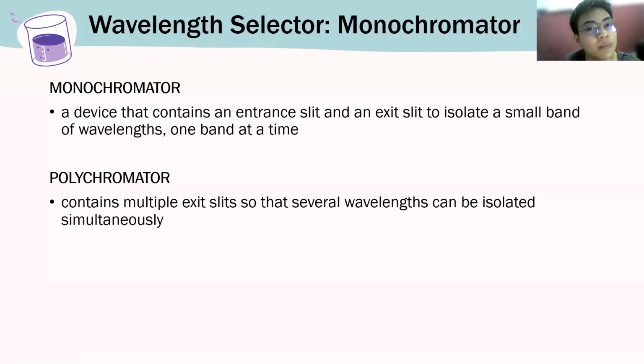Okay, but not the spectrum. Pag sinabi spectrum, yung buong rainbow yan. Pero pag sinabi monochromator, isang color lang, isang wavelength lang. Pag polychromator, pwedeng dalawa, pwedeng tatlong wavelength lang. But not the entire thing. Okay? So, yun.